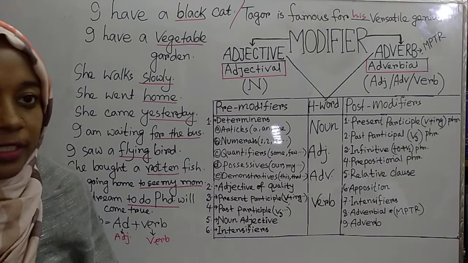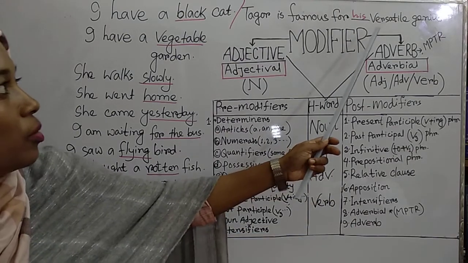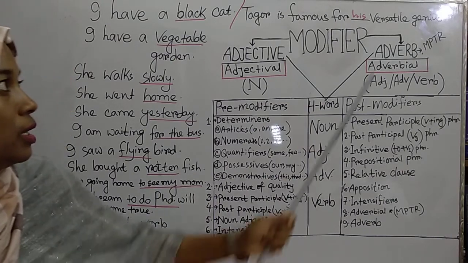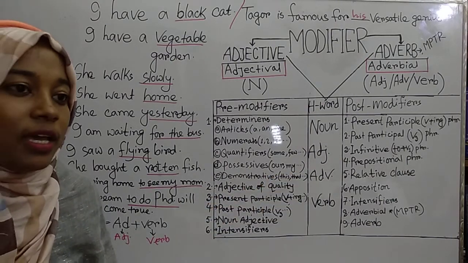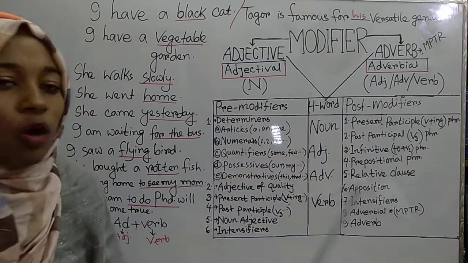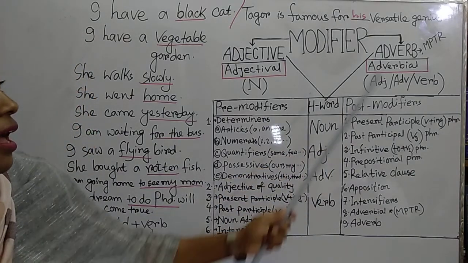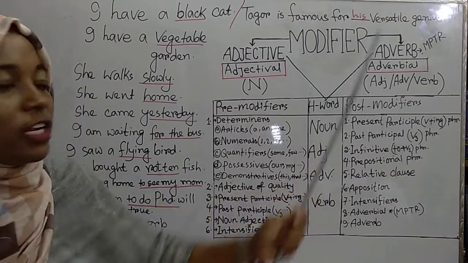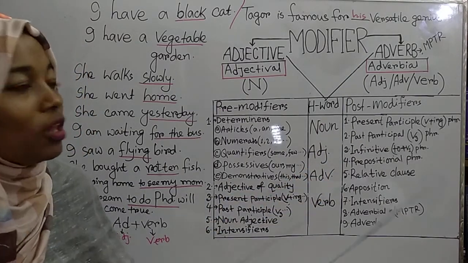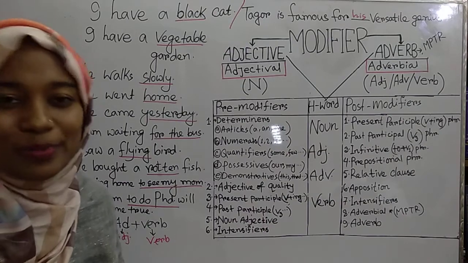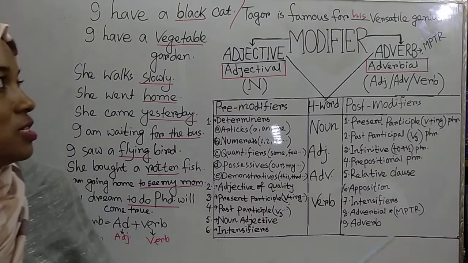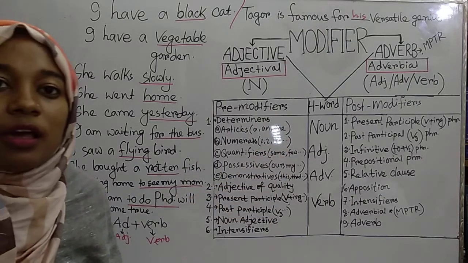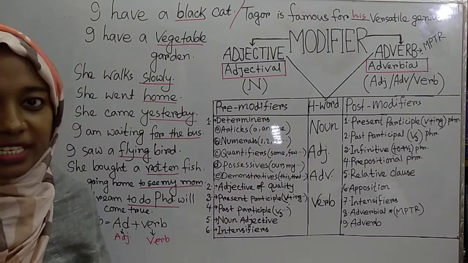Use a determiner as the pre-modifier of the noun, or use an adjective as the pre-modifier of the noun, or use a possessive as the pre-modifier of the noun. In all cases, the answer will be the same, because determiners have three identities.